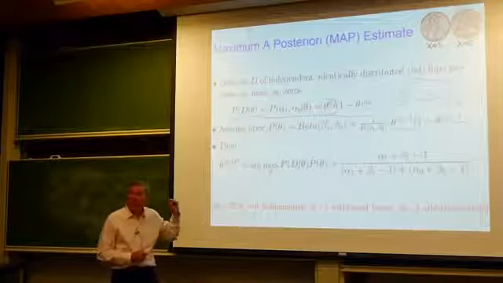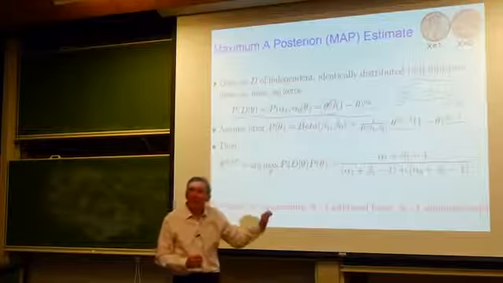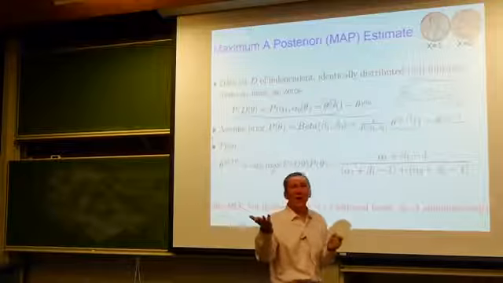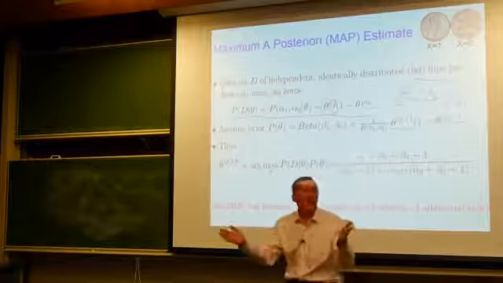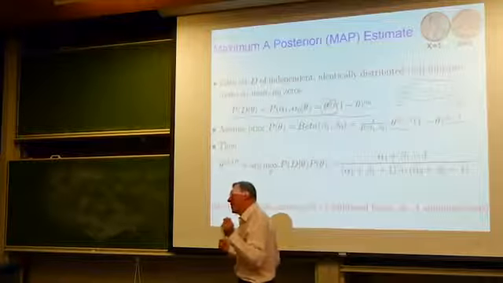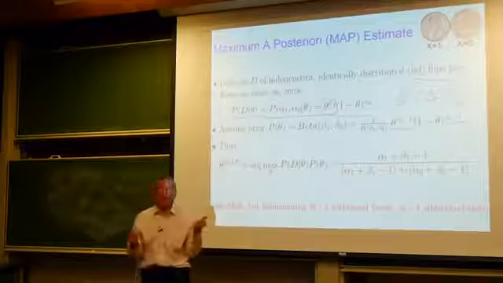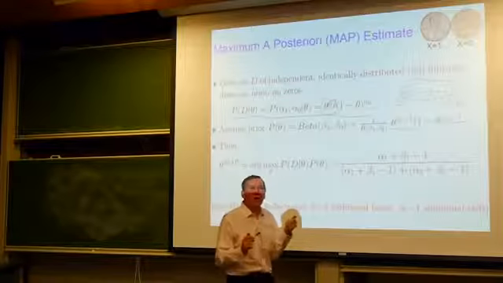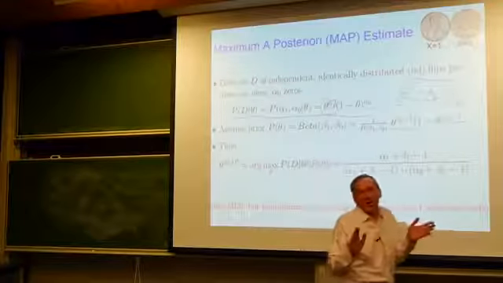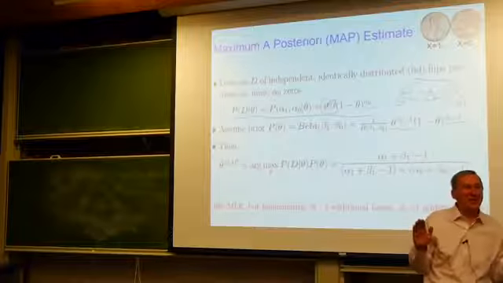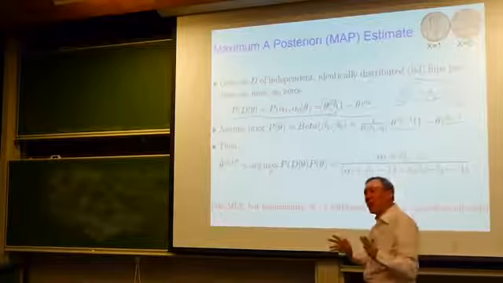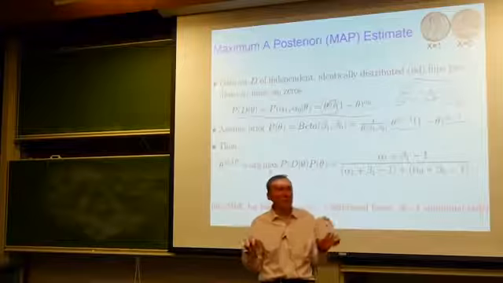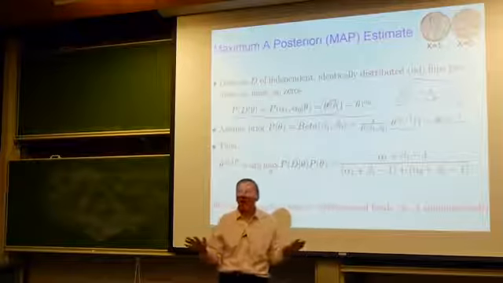Okay, so the reason I'm reviewing this is this really matters. It matters for the homework, as you might have noticed. Hopefully you've noticed. And it also matters for the course because we're not going to talk about coin flips very much more in this course, but we are going to talk about Bayesian classifiers and Bayesian learning methods.